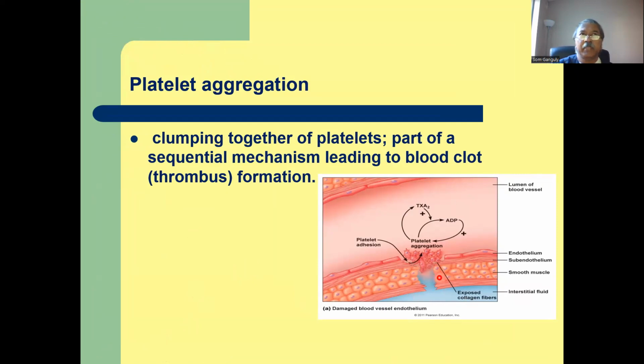We call it platelet aggregation. It's a clumping action of the platelets, and it goes through a complex mechanism. We're not going to go through that physiology. You have already learned that physiology in the previous chapter during your anatomy and physiology lesson.